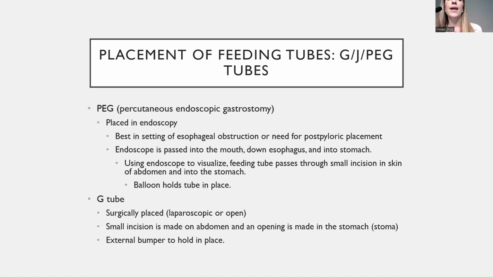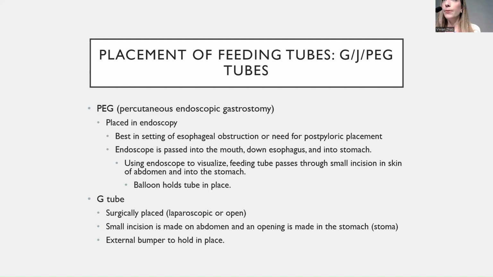The PEG tube is best in the setting of esophageal obstruction or a need for post-pyloric placement. Basically an endoscope is passed into the mouth, down the esophagus, into the stomach, and then an endoscope is used to visualize and watch as the feeding tube passes through the small incision in the skin of the abdomen and into the stomach. And then a balloon holds the tube in place.